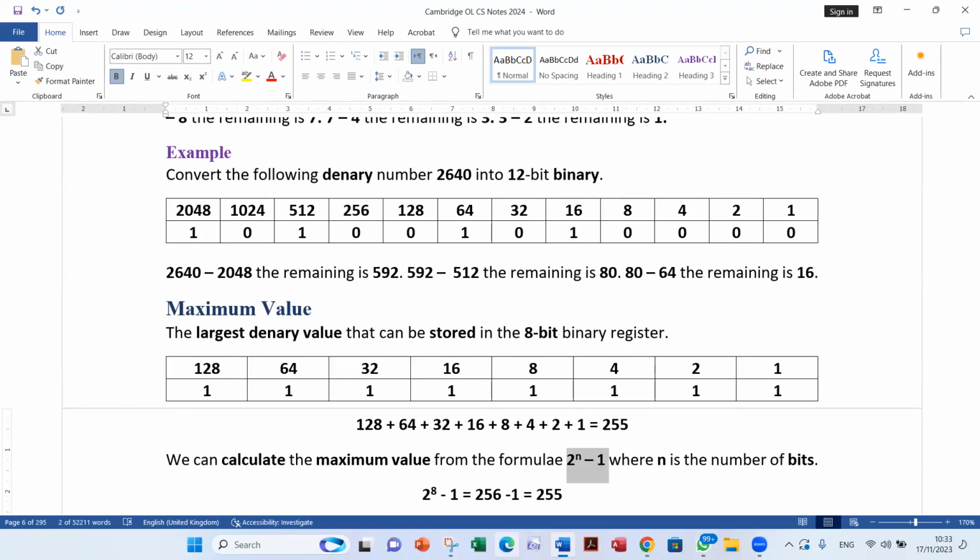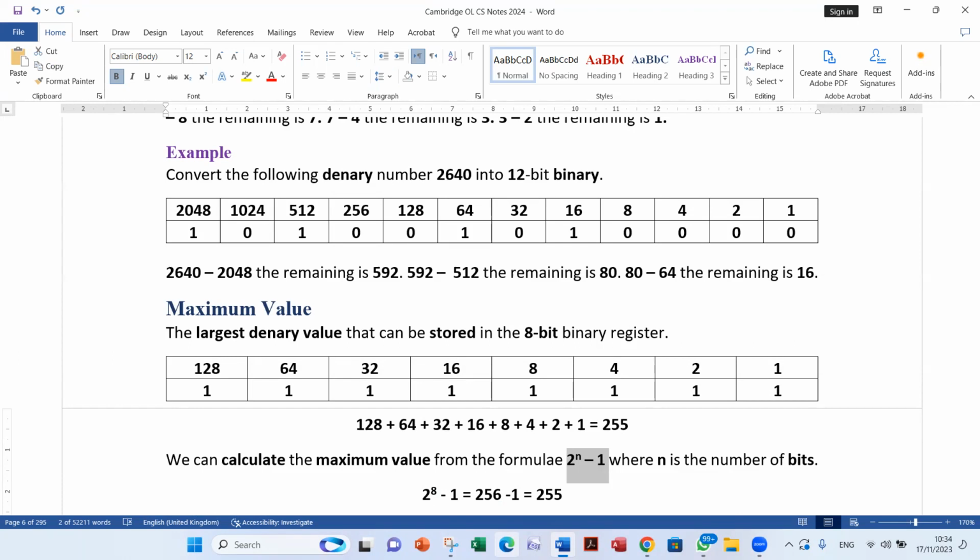So we have 8 bits. 2 to the power of 8 is 256. I would love if you memorize powers of 2. And later on, with hexadecimal, I'll ask you to memorize multiples of 16, not powers of 16 because that's very complex, just multiples of 16. Especially 2 to the power of 8, because quite often you will be dealing with 8 bits.